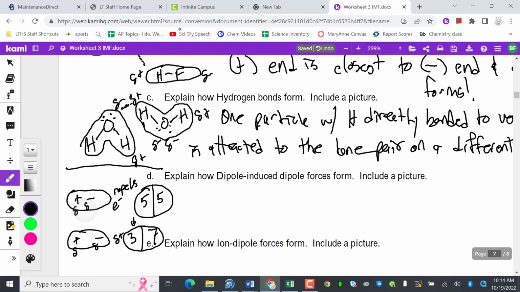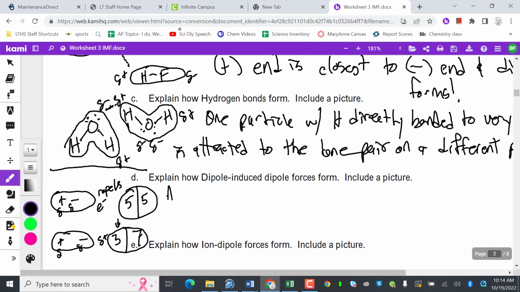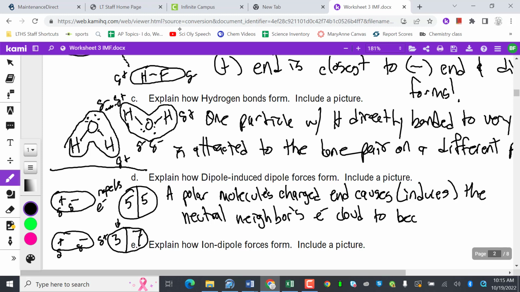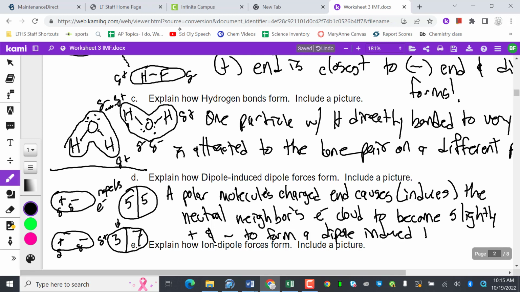Now let's go to explain how dipole-induced dipole forces form. Picture a polar molecule's charged end causes, and another word for causes is induces, the neutral neighbor electron cloud to become slightly positive and negative to form a dipole-induced dipole.